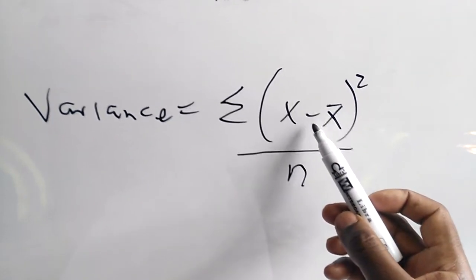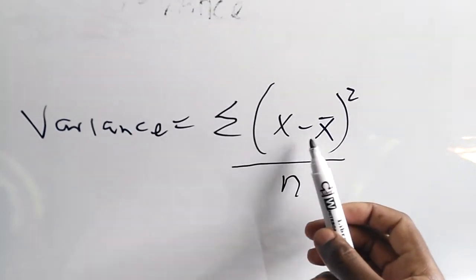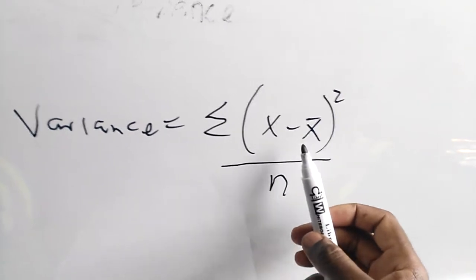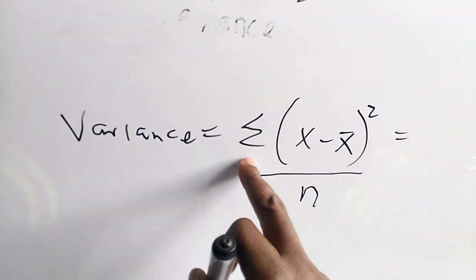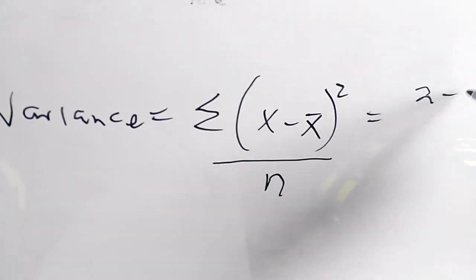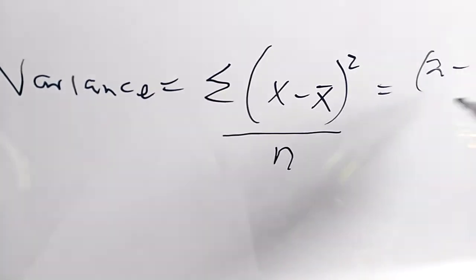2 take away 5. 5 take away 5. 9 take away 5. 1 take away 5. 8 take away 5. Each of these. And then we want the summation or the sigma. And so we'll have 2 take away the mean. Remember, we are told to square.